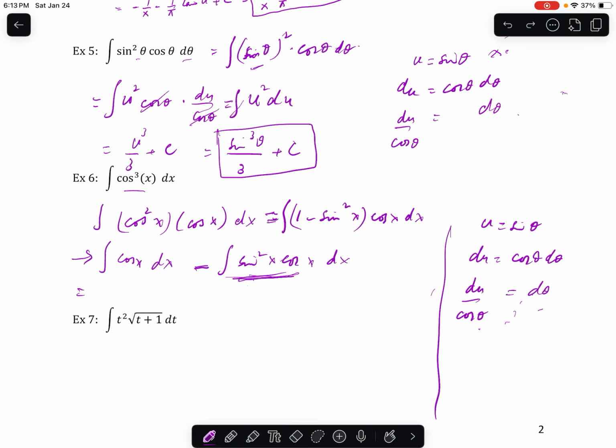So we get sine x minus the integral of u squared cosine x times du over cosine x, which is equal to, cosine x cancels out, and we are left with u squared du.